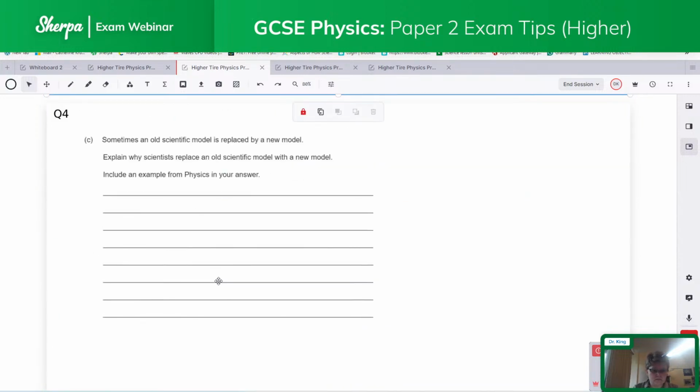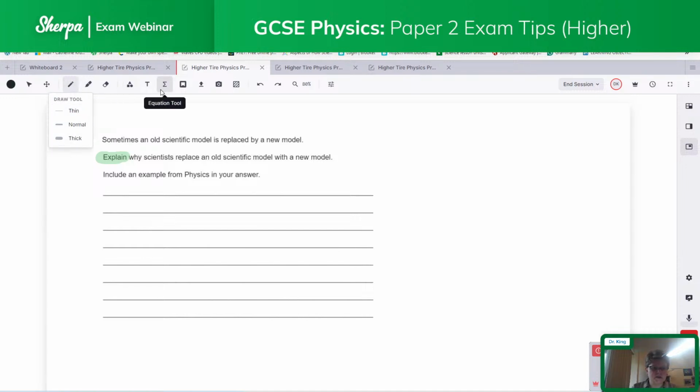So question number C: sometimes an old scientific model is replaced by a new model. Keyword: explain. They do not want you to just state what the model was and how it changed.